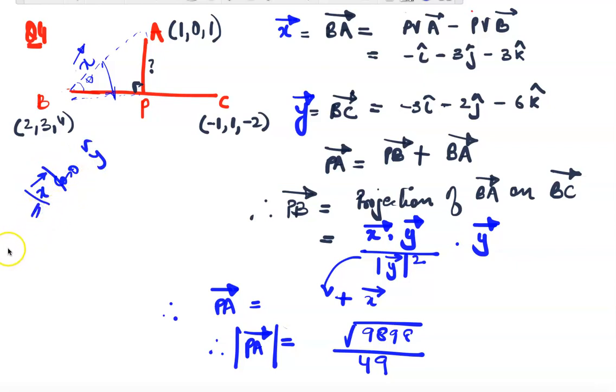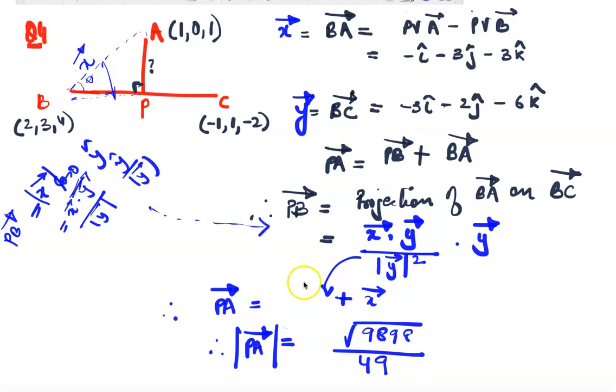That's what PB vector would look like. And X cos theta can be written as X dot Y by mod of Y, and Y hat can be written as Y by mod of Y. Right? It will give us this formula.